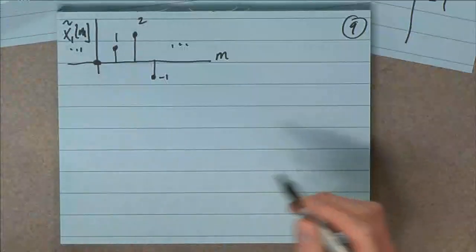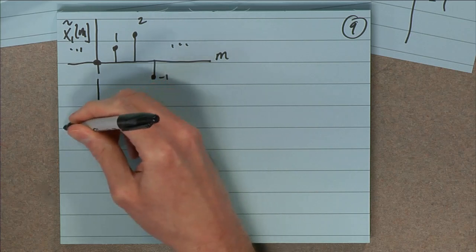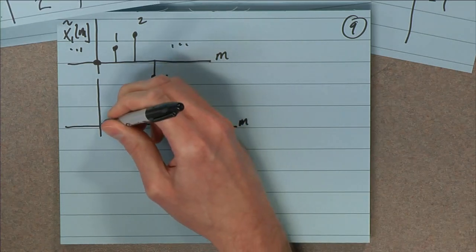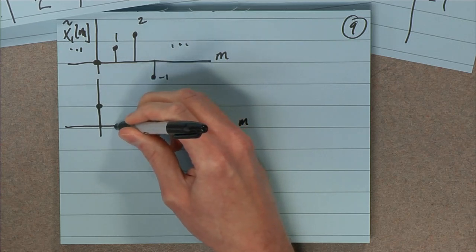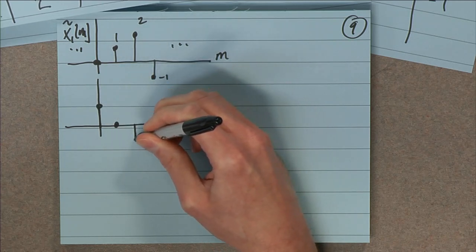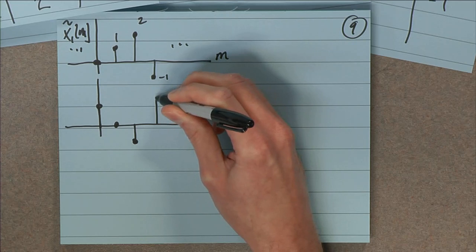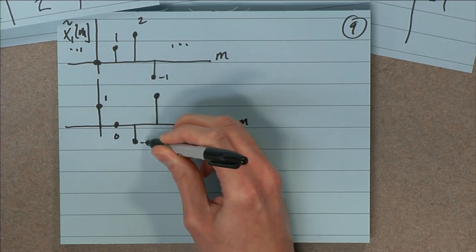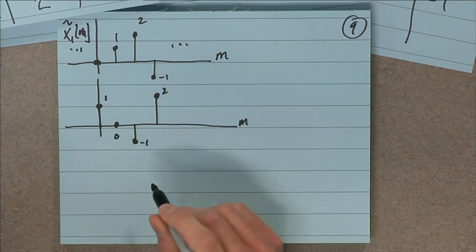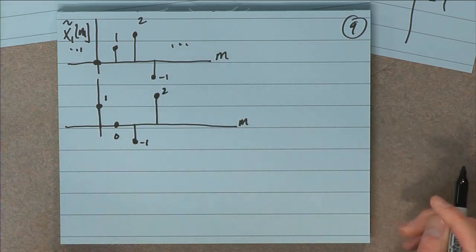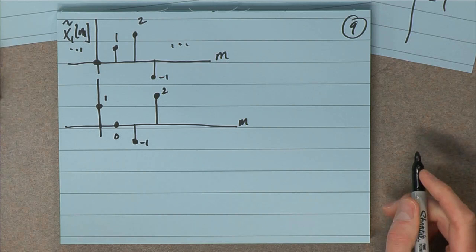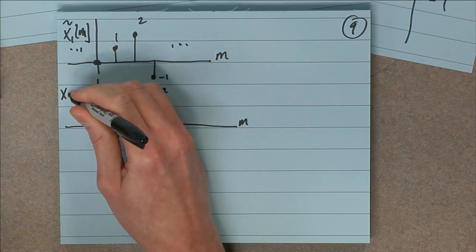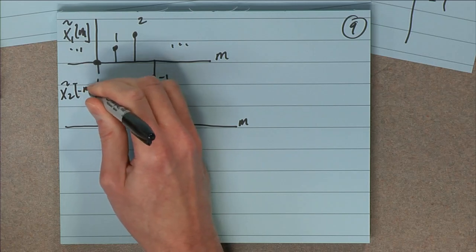So I'm going to plot that on here. So the first one is 1, then I've got a 0, followed by a minus 1, and then a 2. And that was x2 tilde of minus m.